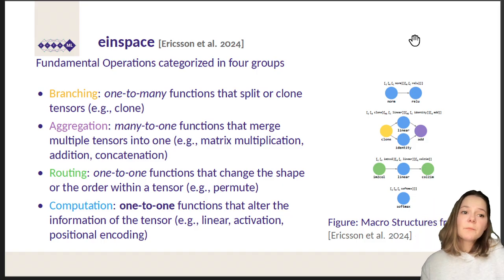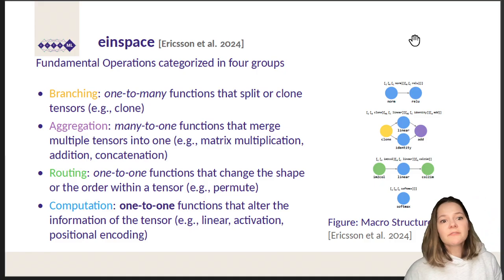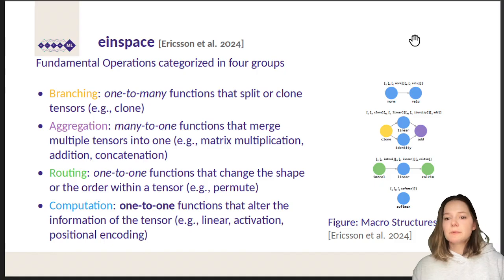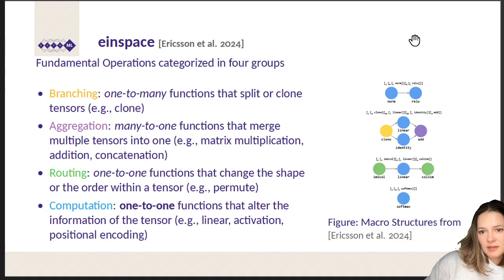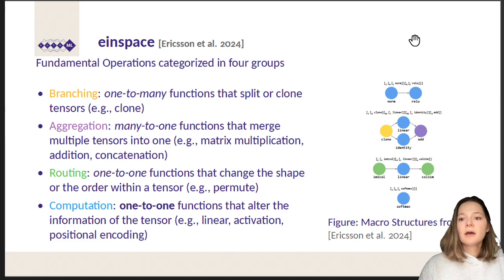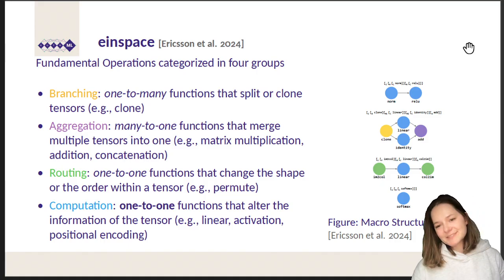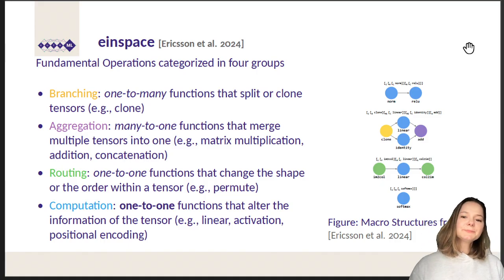The second fundamental operation which this paper proposes is an aggregation function, which is a many-to-one function that merges the information from multiple tensors into one, which could be matrix multiplication, addition, concatenation, summation. This is symbolized and visualized as purple.